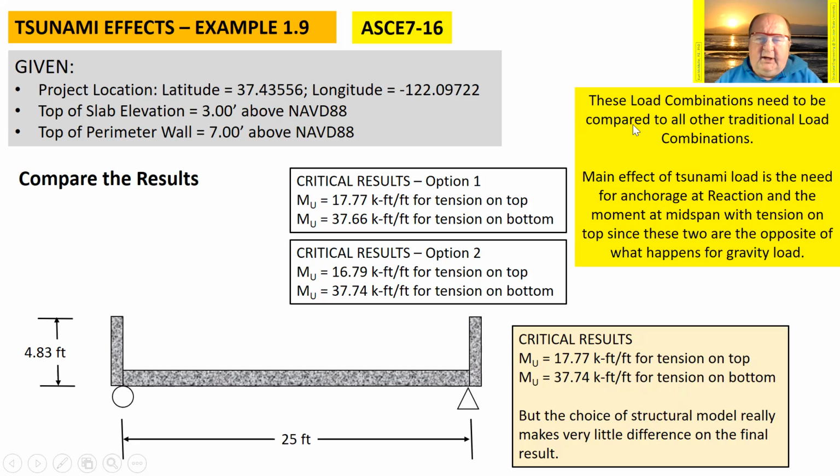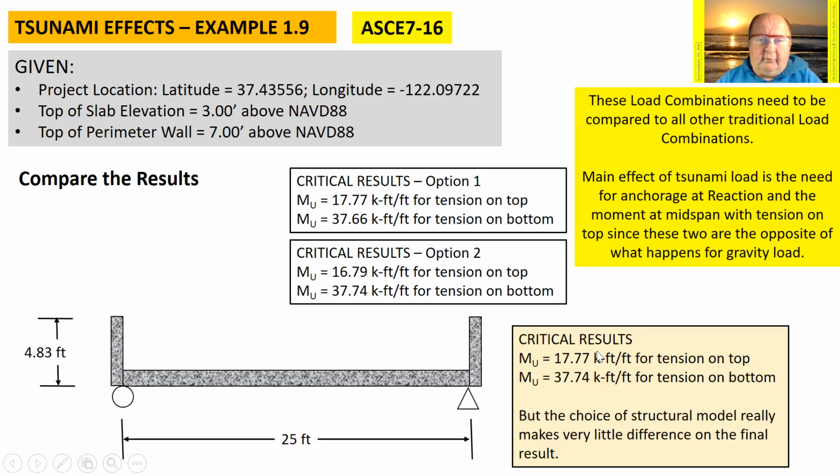Now, these load combinations have to be compared to everything else in a traditional load combinations. I haven't taken the time to do that, but that would just be traditional concrete design. The primary effect due to the tsunami load is going to be the realization that I actually have to hold this slab down on the ends.